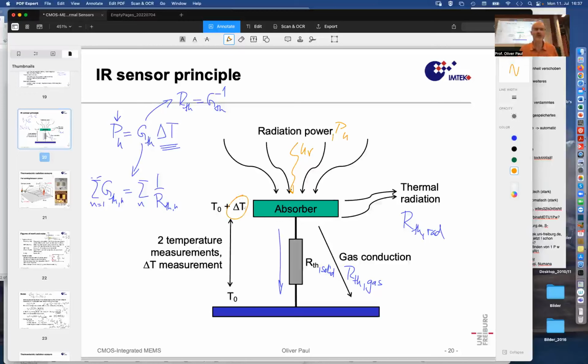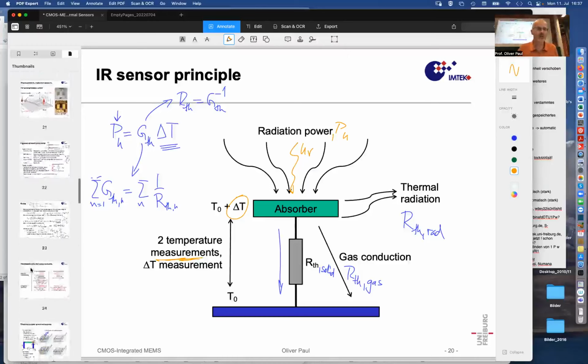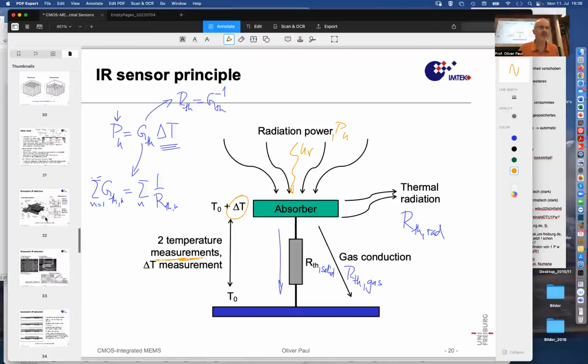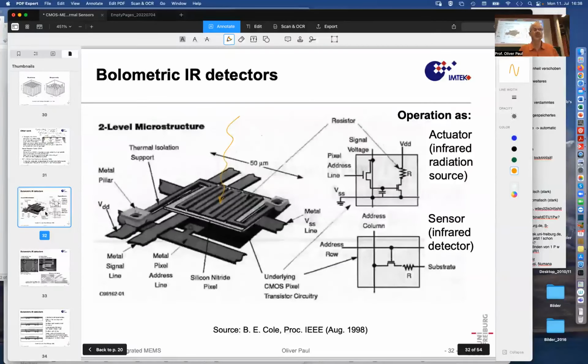And that temperature needs to be measured. And so the measurement in the bolometers is done not with thermoelectric structures, but with a resistor. So you have basically a line of resistive material that meanders through this structure. And now you can measure the resistance between this location and that location. So what will happen schematically?